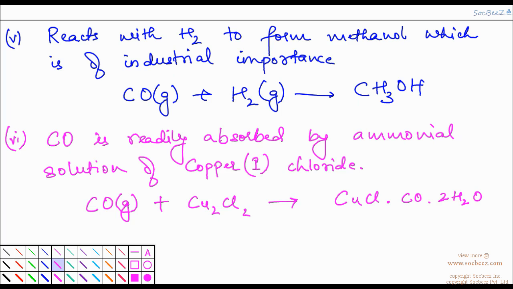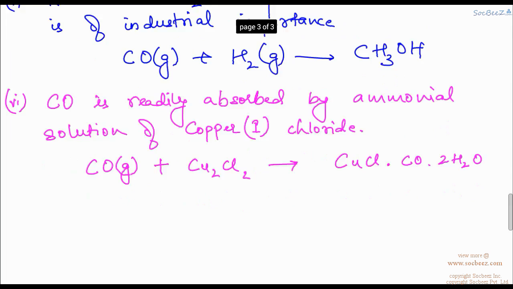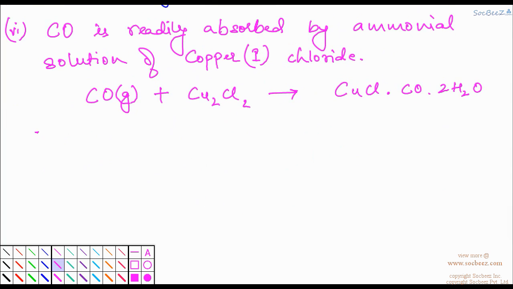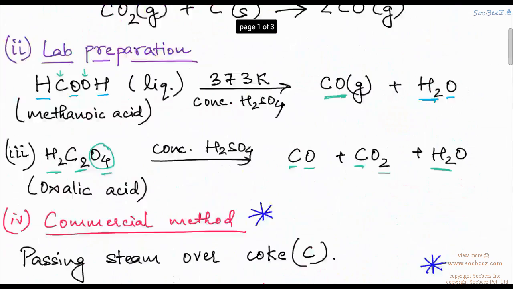This solution is further titrated with iodine and helps in detection of carbon monoxide. So let me write this down. This helps in estimation of CO. So with this I am over with the properties and the preparation of carbon monoxide.